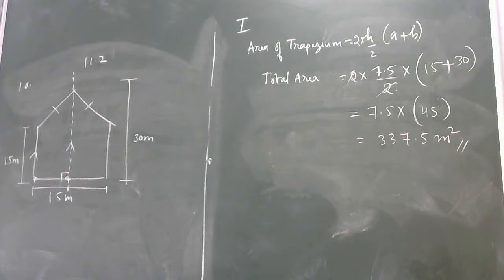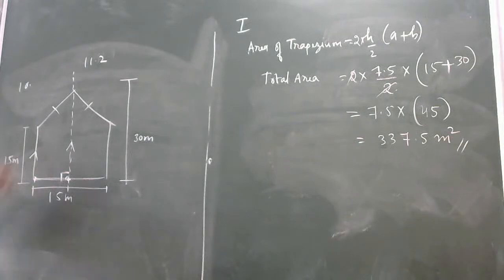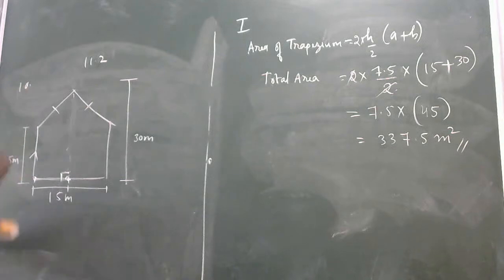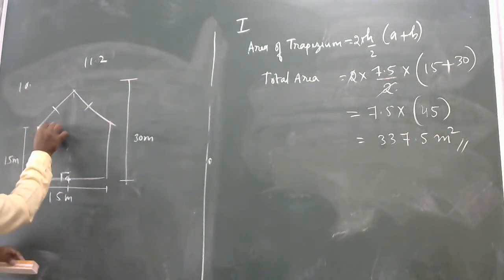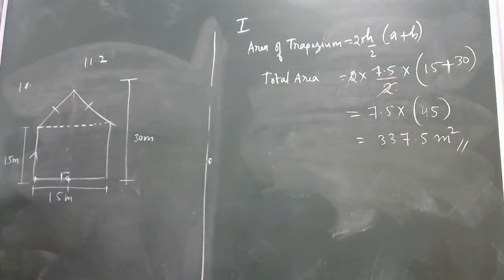So this is according to Jyoti. Now there is another student, and now what is she doing? She is not finding the area by dividing into trapezium. She is not dividing vertically. Instead, what she is doing? She is dividing this figure horizontally like this. If you divide like this, then also we can find the area of this shape.